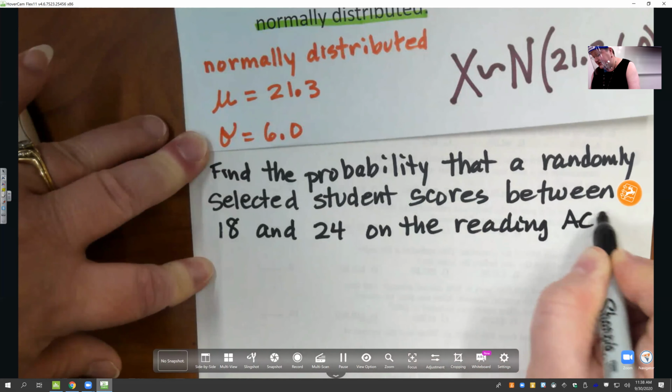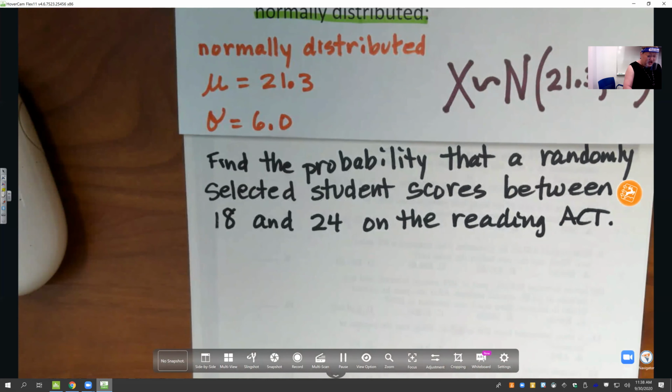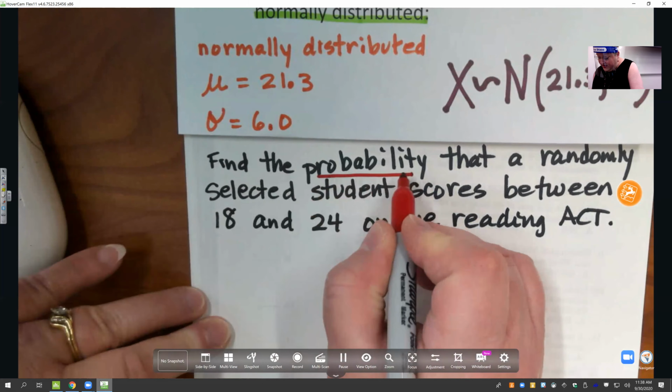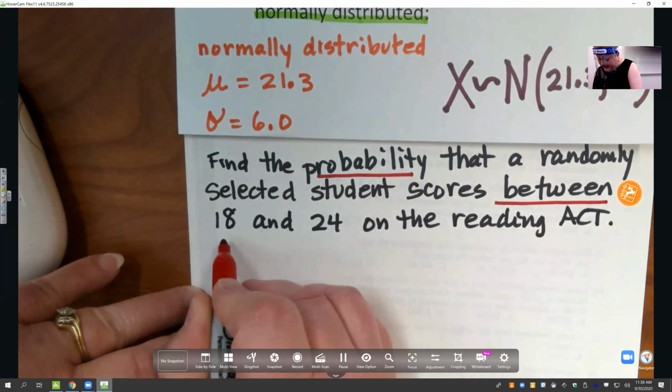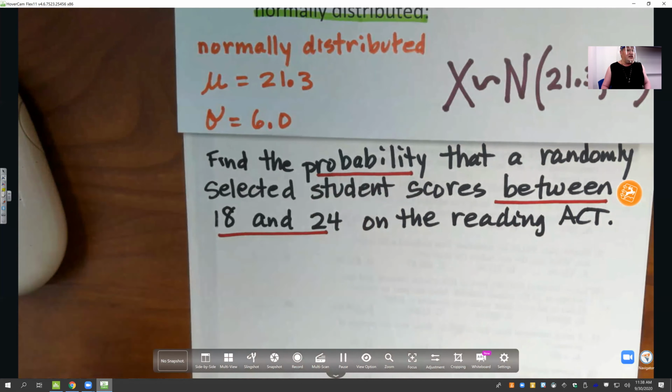Okay, so again, the phrasing hasn't changed a whole lot. It says find the probability, but it tells us to do between two numbers, 18 and 24.